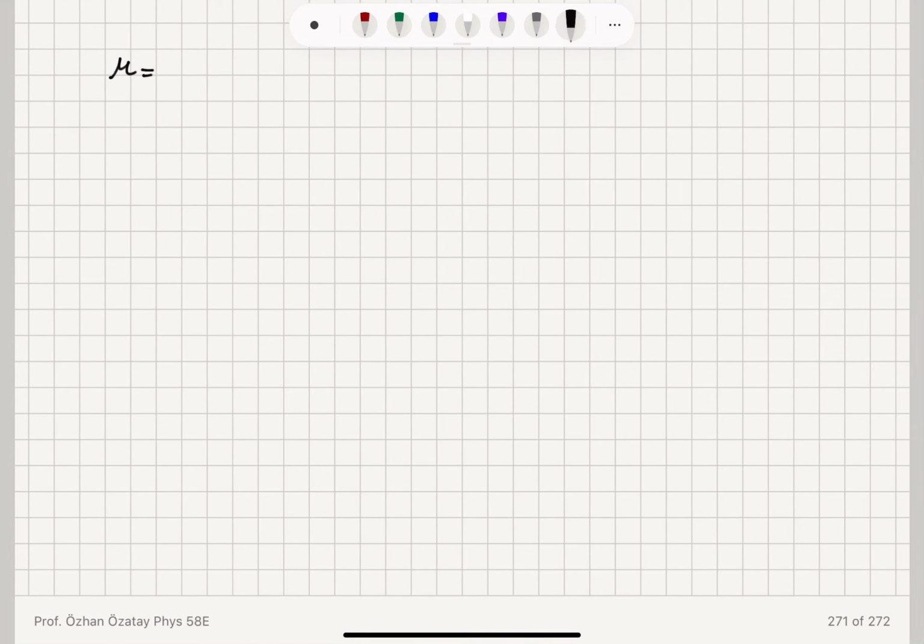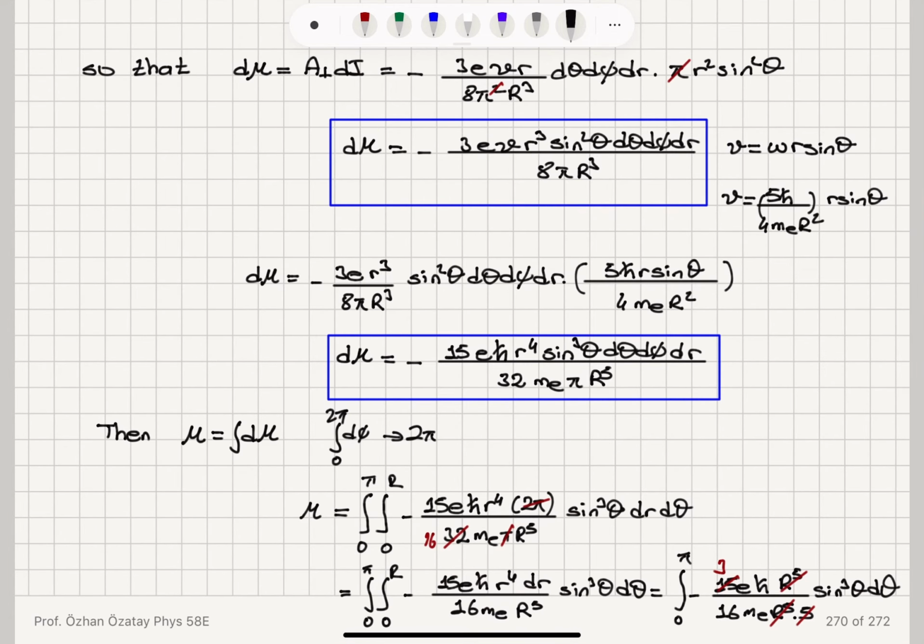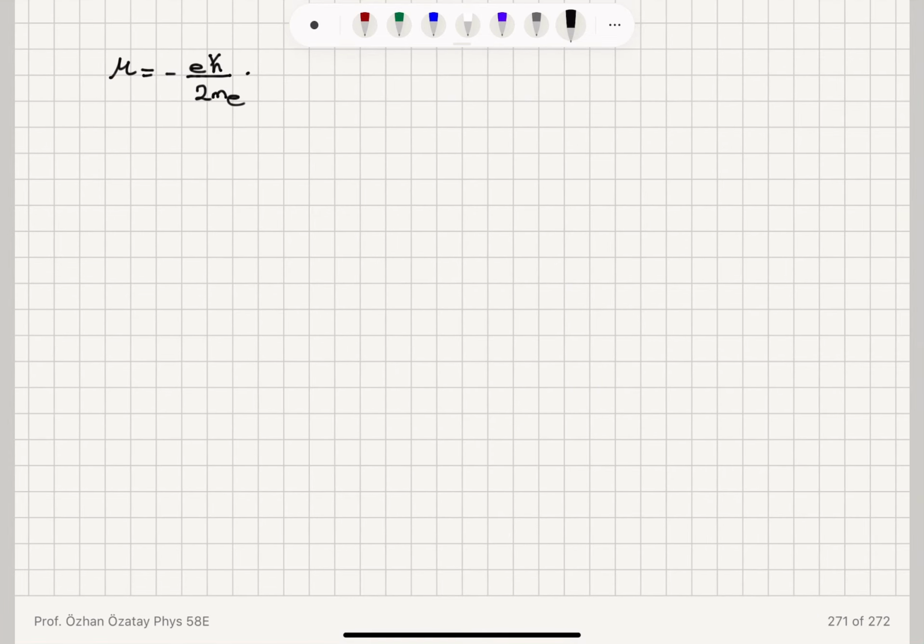So this is going to give me a Bohr magneton, minus e h bar over 2 times the mass of the electron, multiplied with, since I have the 2 times the mass of the electron isolated, 3 over 8 left. So this will be 3 over 8, and then I have the integral from 0 to pi of sine cube theta d theta.